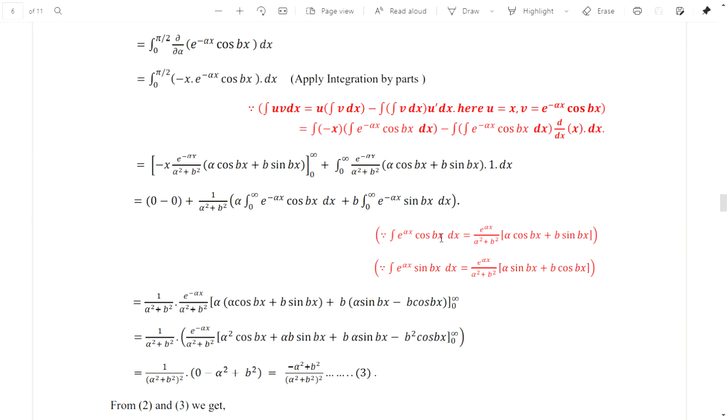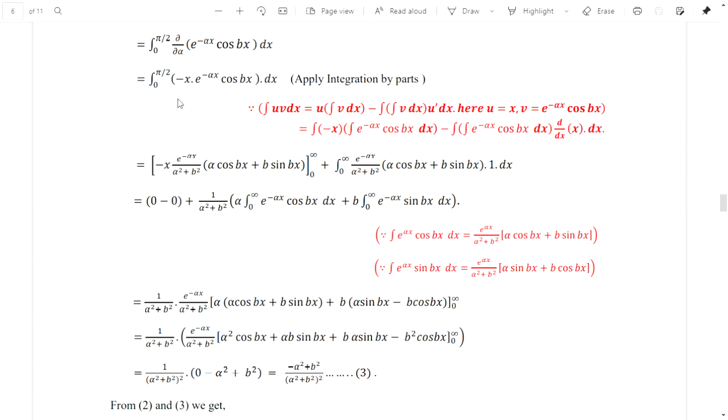Similarly, the integral of e to the power alpha x into sin bx dx is equal to e to the power alpha x by alpha square plus b square into alpha sin bx plus b cos bx. By applying this formula, here we will get e to the power minus alpha x by alpha square plus b square into alpha cos bx plus b sin bx.